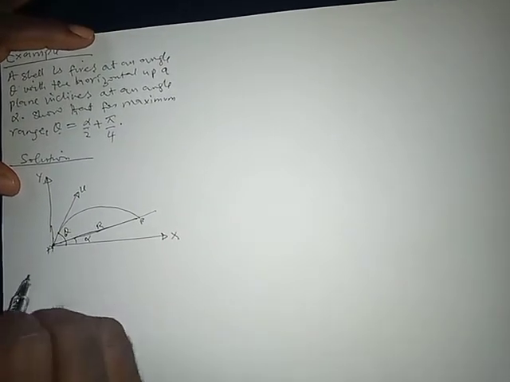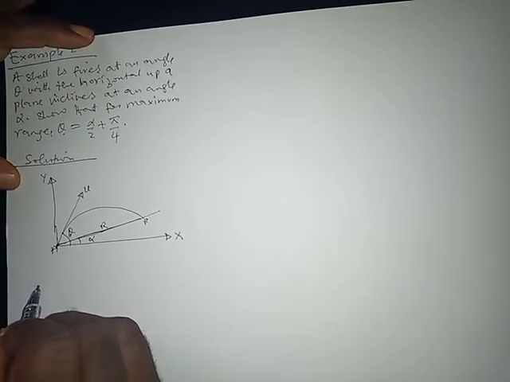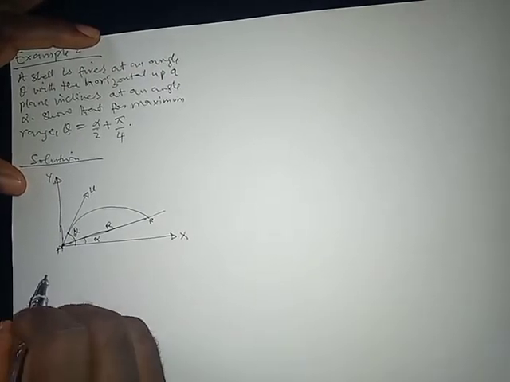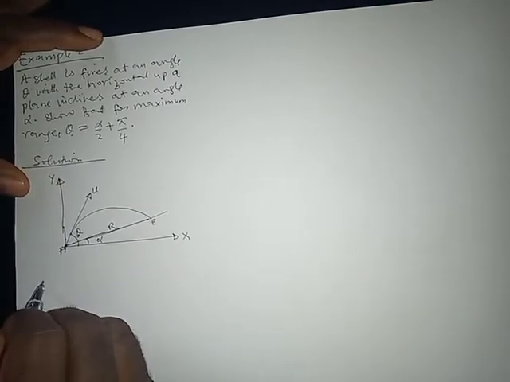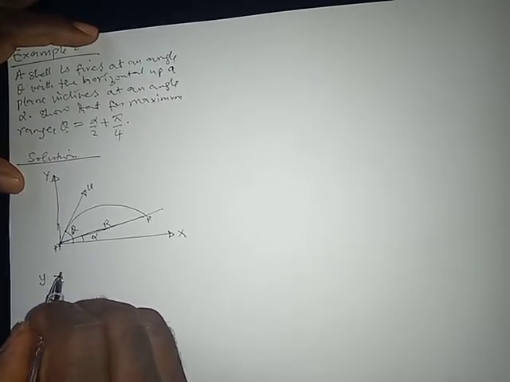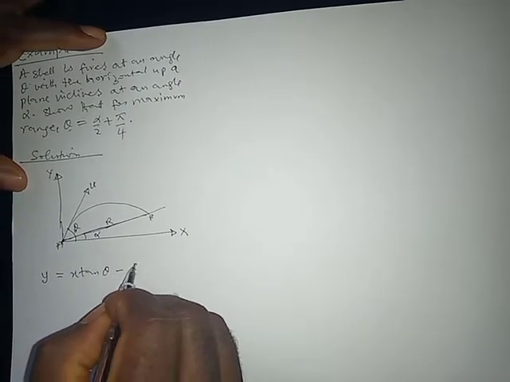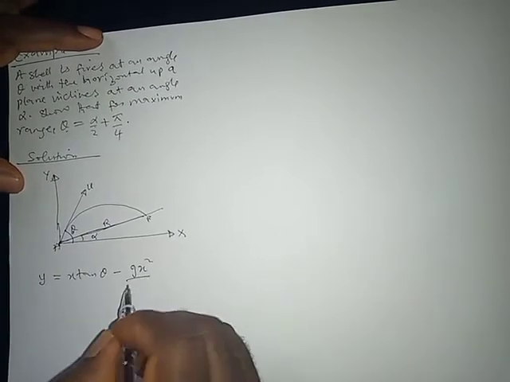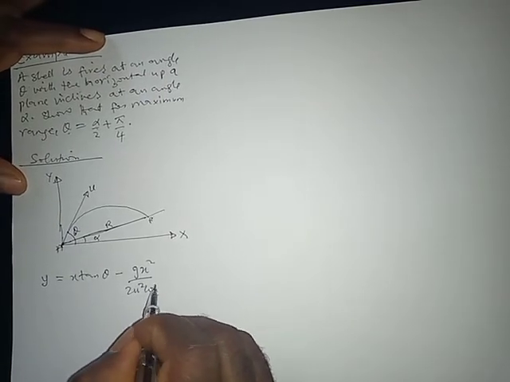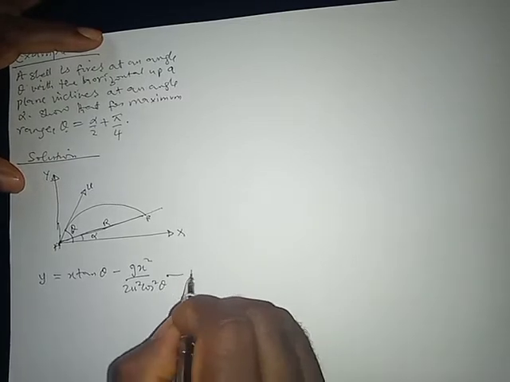We will apply the equation of motion that we have shown in the earlier video. The equation is y equals x tan theta minus g x square over 2u square cos square theta. Let's call it equation 1.